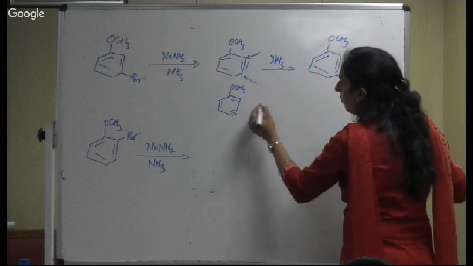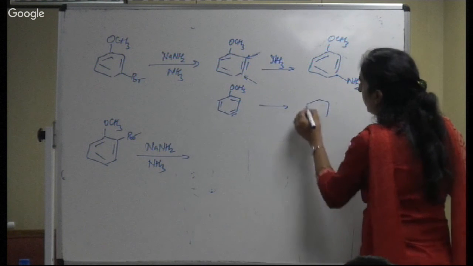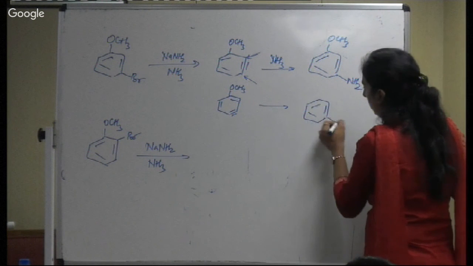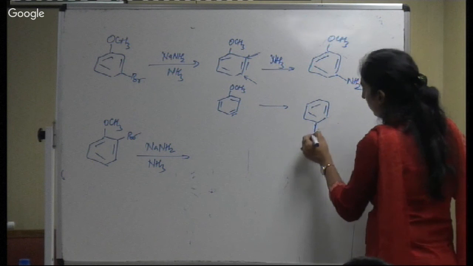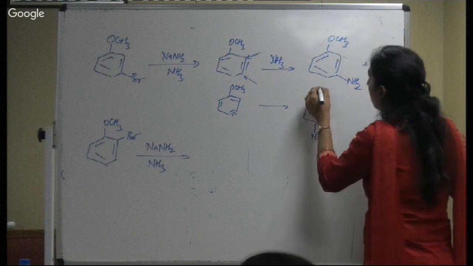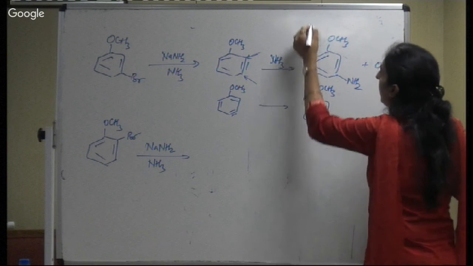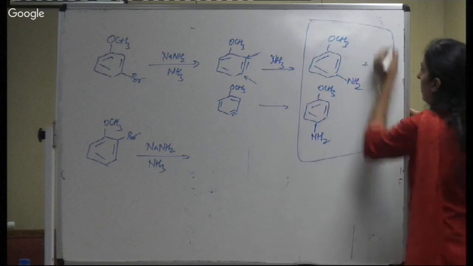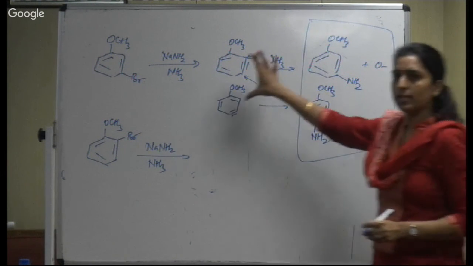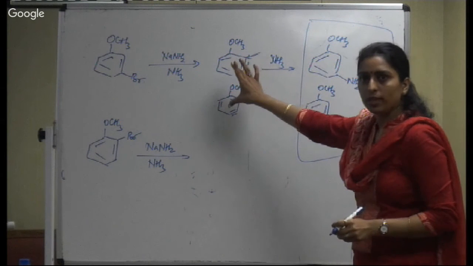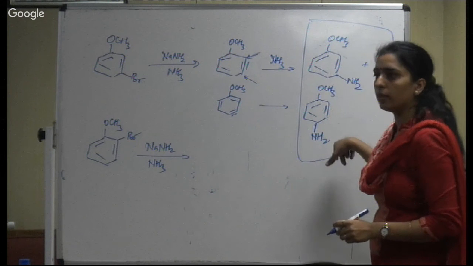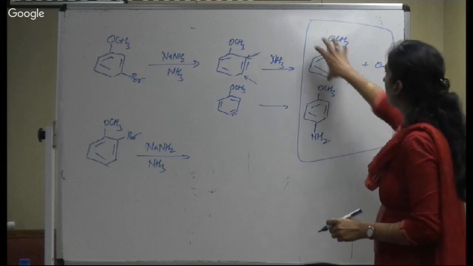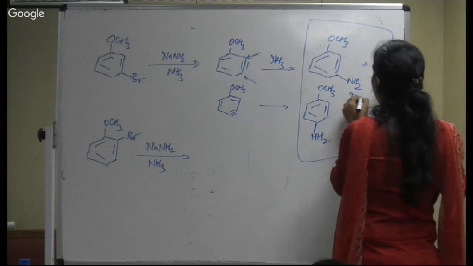What about this? You will say meta and para. The same product and para. So basically you will get 3 products in this case. Am I right? Since 2 benzynes are possible, 2 products from this benzyne, 2 products from that, and one is common in them. But you will get this as a major product, meta.